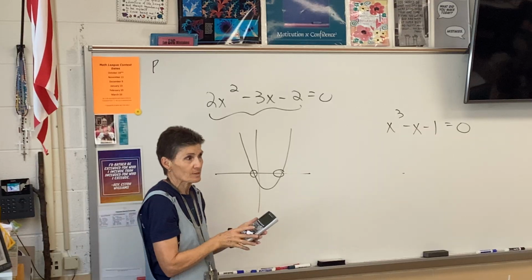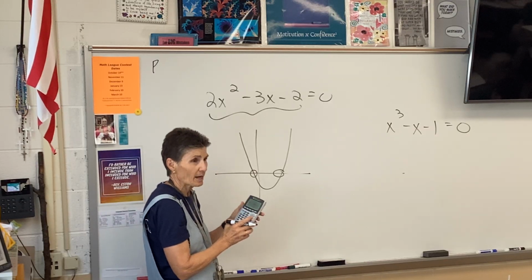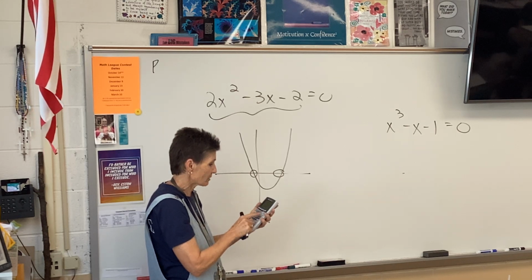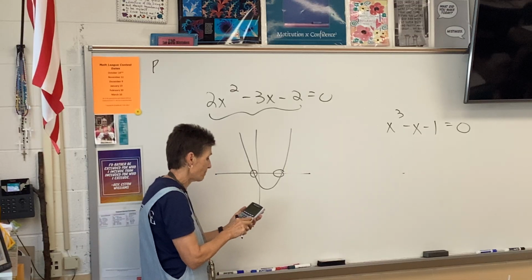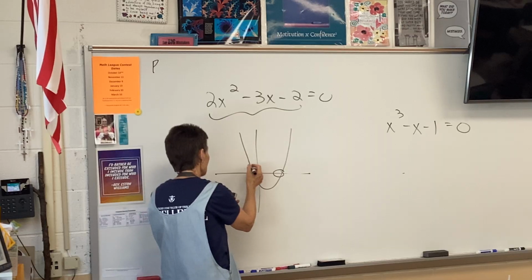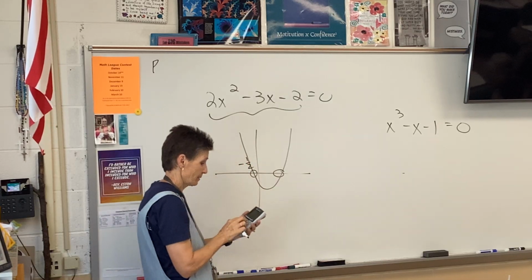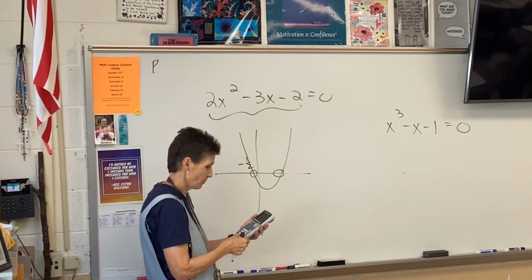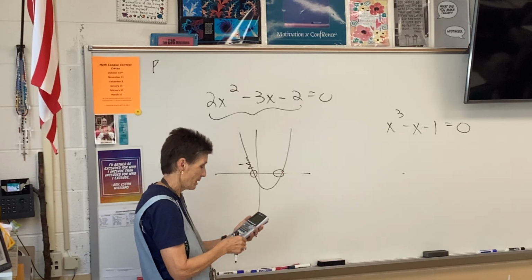So I'm not using intersections, I'm actually looking for the x-intercepts. How do I do that again? 0. So second calc 0, left bound, right bound. I got negative 1/2. And then do it again for the other one.